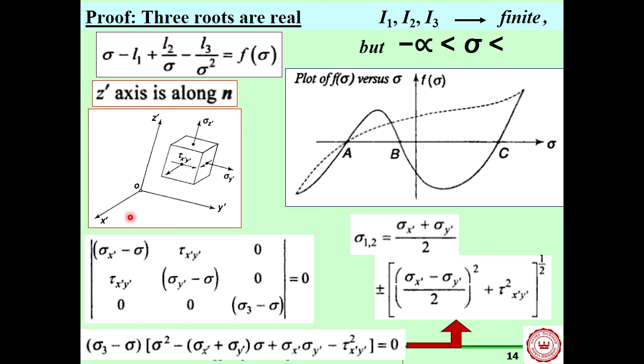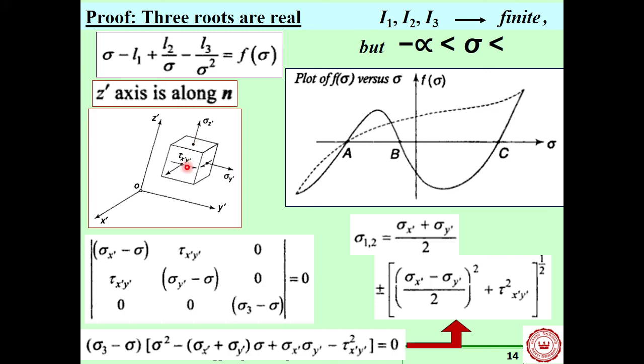And what we are doing now, our initial xyz coordinate axis is now oriented along the principal directions of this principal stress value. You see, this is the reorientation of our coordinate axis. Clear? Now say this z prime direction is the direction of this. Right?